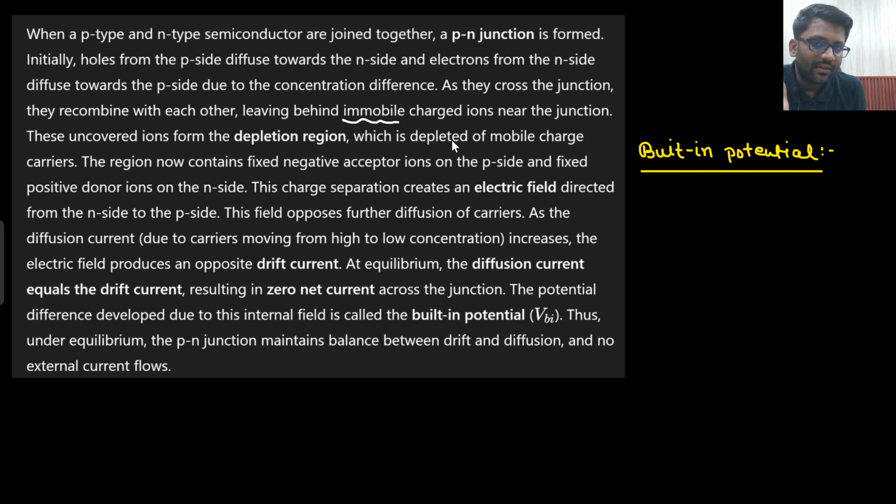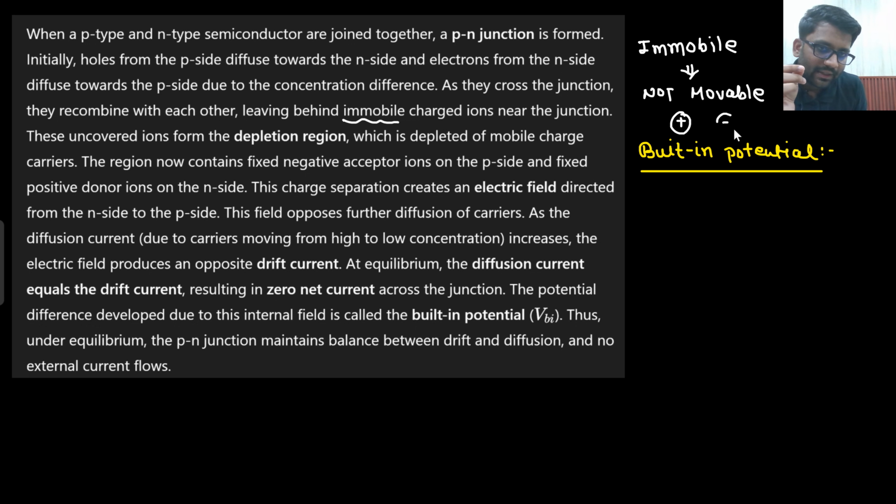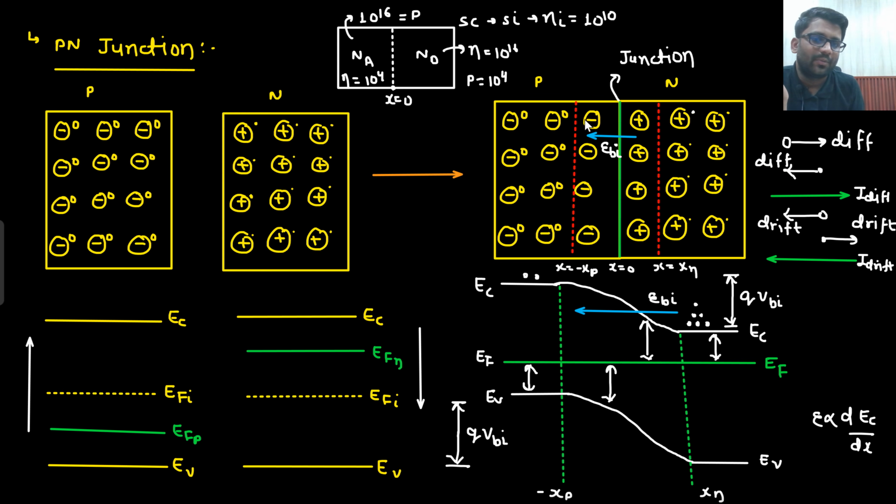Immobile means not movable. What is the meaning of immobile? Not movable. Not movable means this positive and this negative are not movable, right? This negative, this positive, they are not movable.